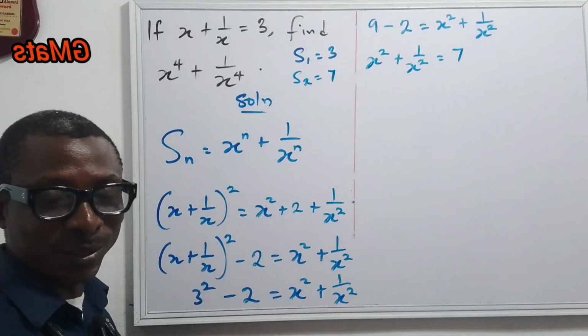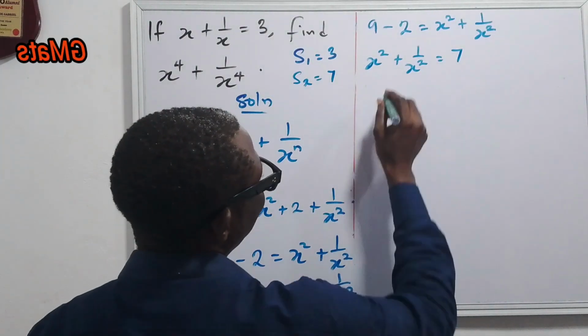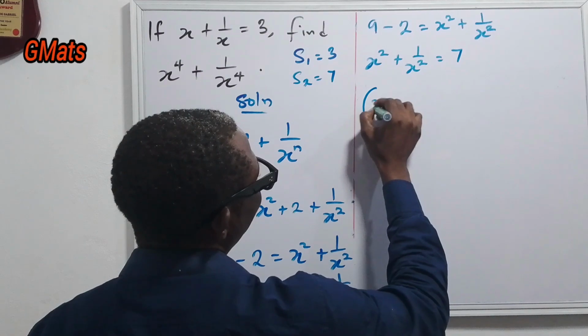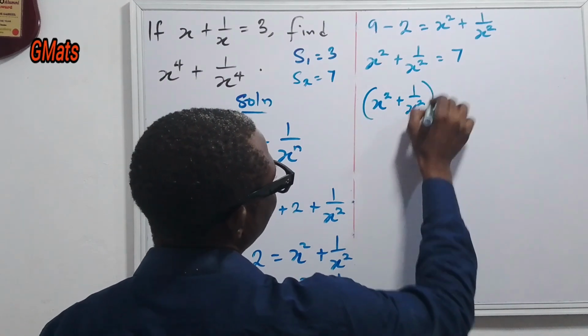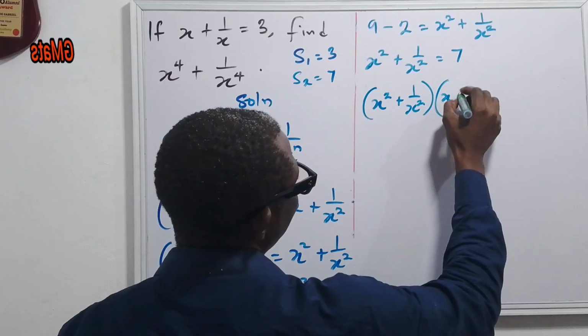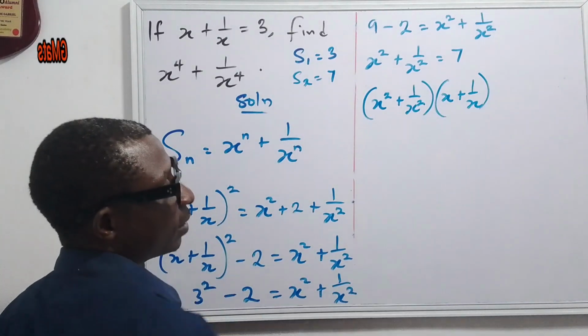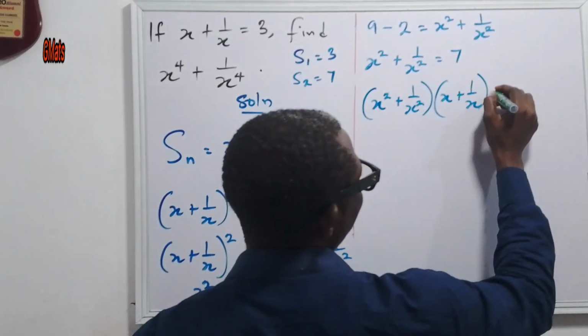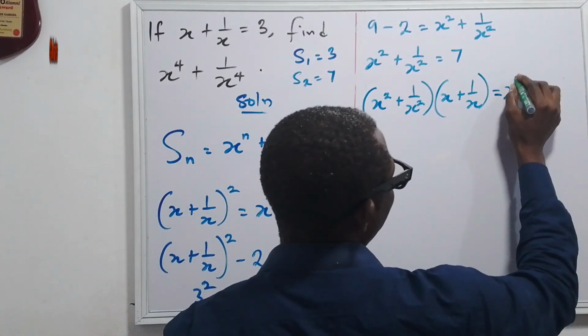All right, can we move on to the next one? So how do we do the next one? You have x squared plus 1 over x squared times x plus 1 over x. So let's expand this. When you expand, this multiplies this, and x plus 1 over x is equal to 3.